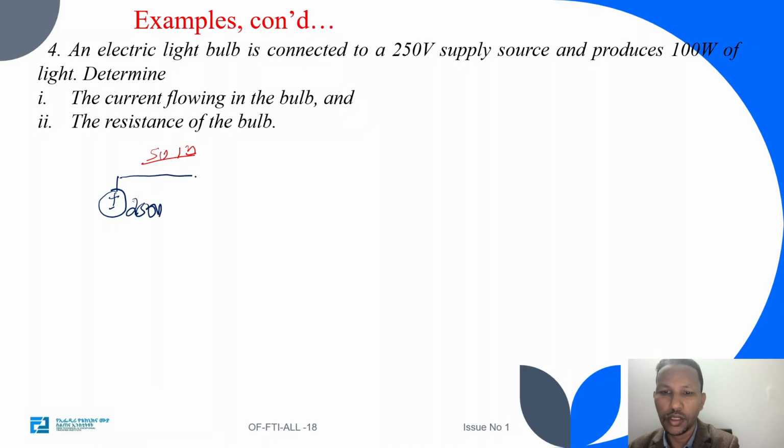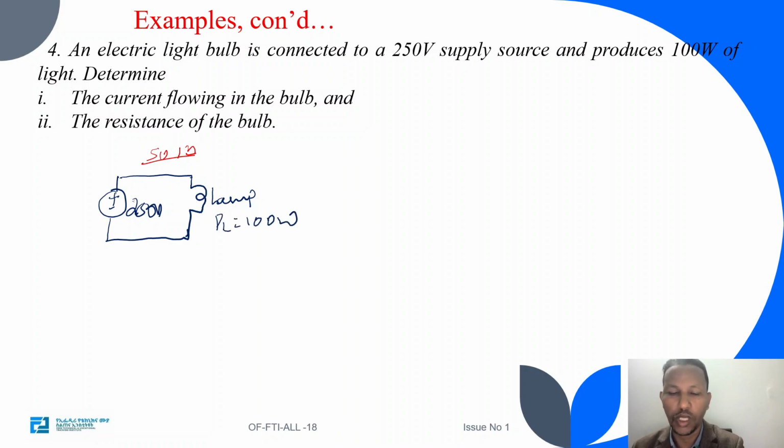And let's say this is a lamp or the bulb. So we have given the power consumption for the lamp is 100 watt. So let's say PL, which is 100 watt. So the first equation, we are asked to calculate the current flowing in the bulb.